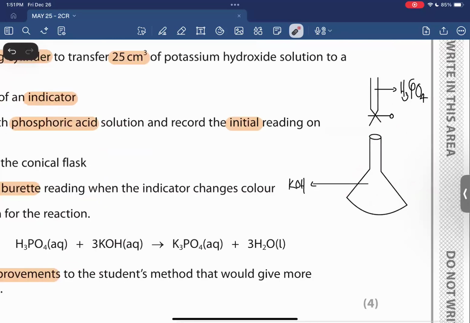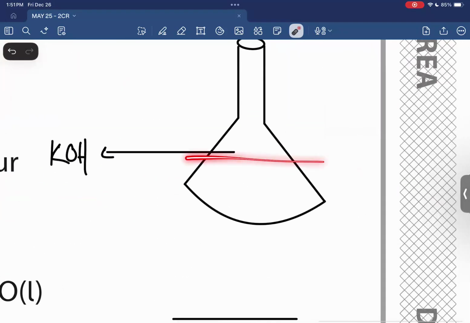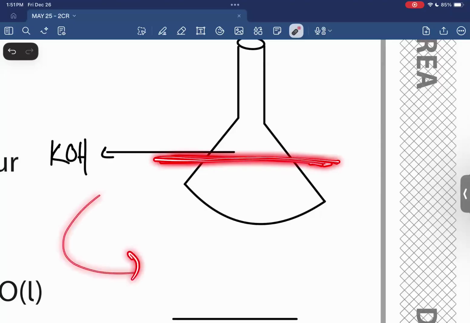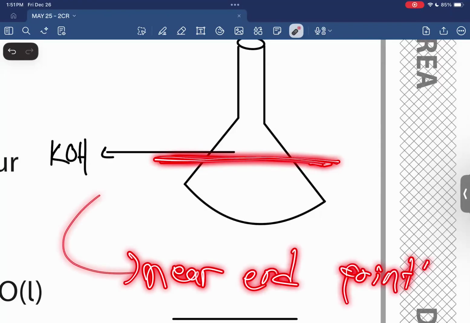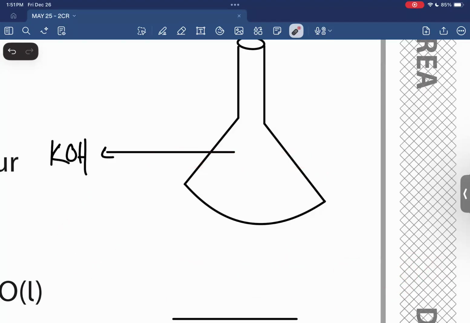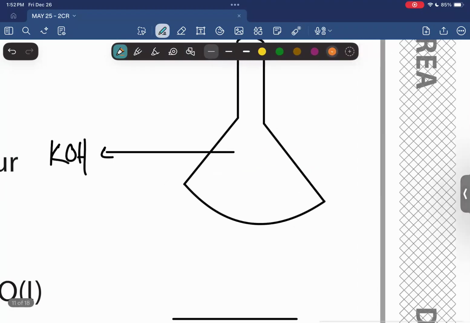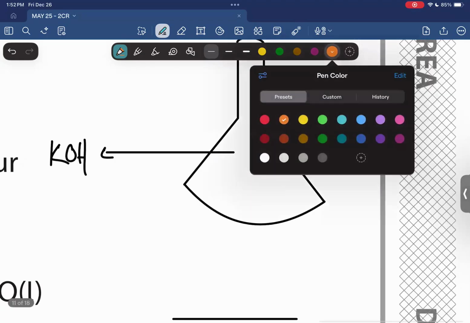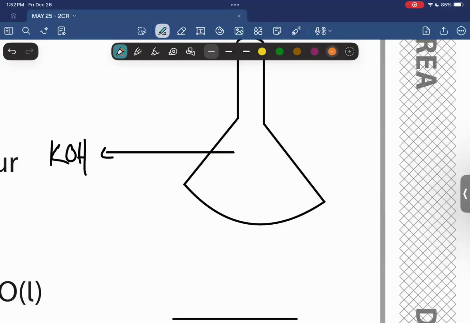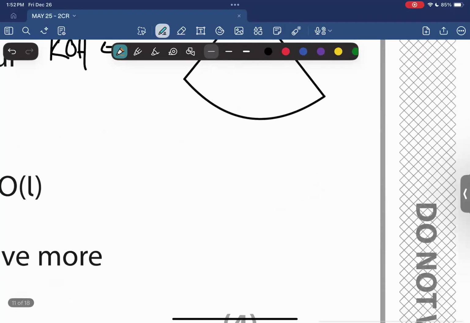And obviously there is an indicator over here, and near the end point the indicator is going to change color. So let's just say methyl orange is the indicator, since they haven't explicitly said.